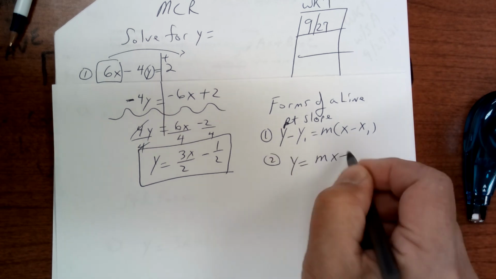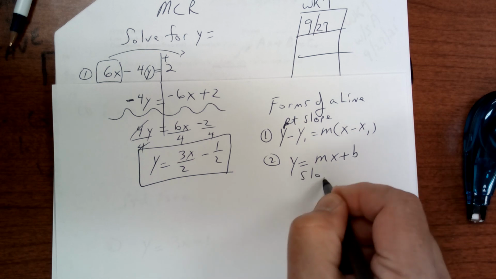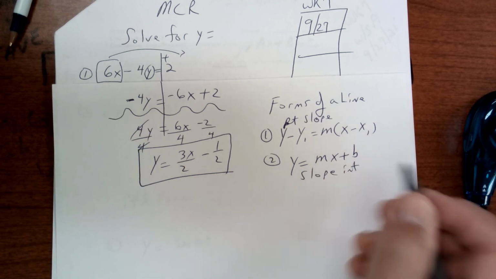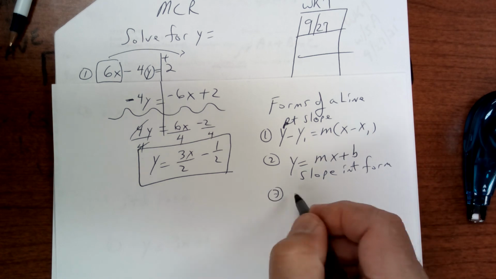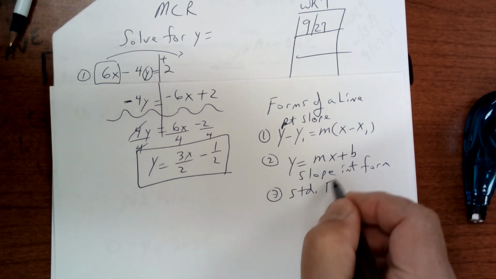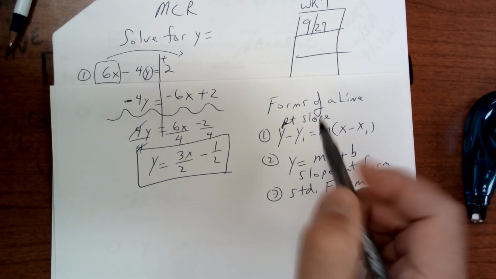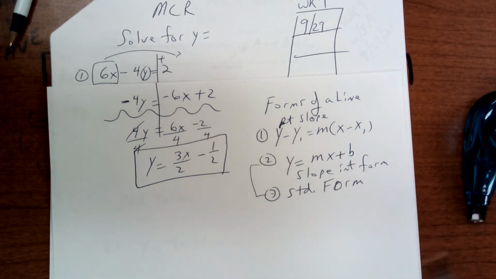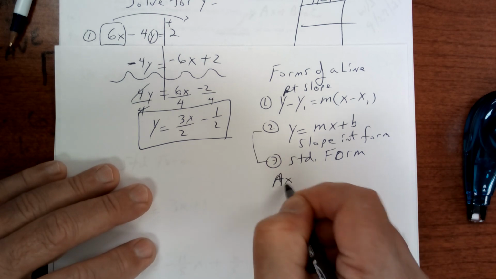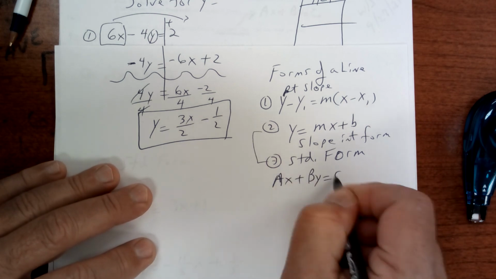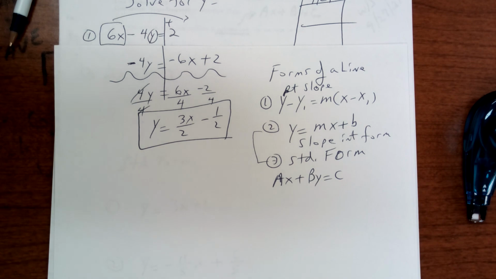That's the one we just did, where you get y by itself. And then finally, number 3 is called standard form. So we're going to be doing this one and this one today. So it's going to be ax plus by equals c, which is called standard form. Those are the 3 forms of a line.